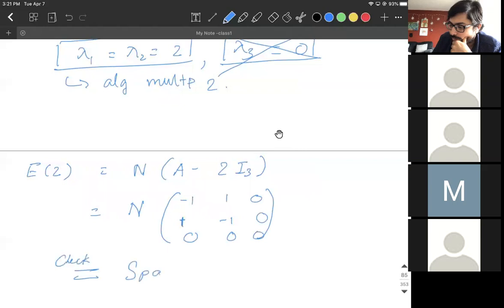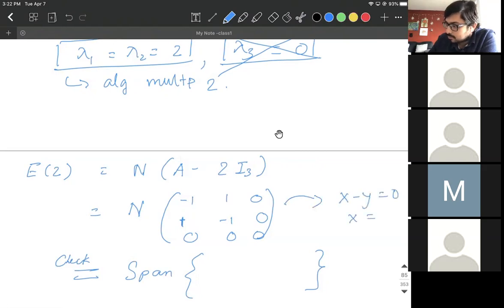It's fairly simple to check, because you just add row 1 to row 2. Then row 2 becomes all 0. So the only equation that we have is x minus y equals 0, or x equals y. And z is the free variable.